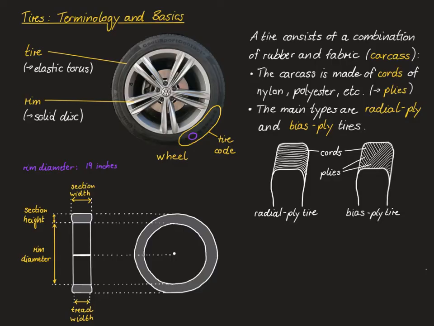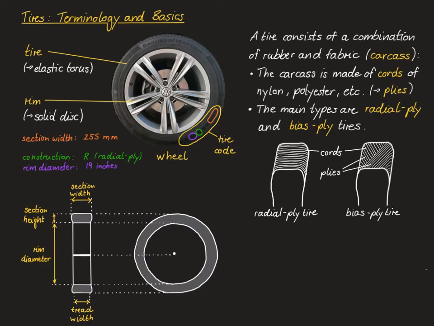Second, and let's move through the tire code backwards, the letter R stands for a radial ply construction. Third, the first number of the tire code refers to the section width, which is essentially the width of the tire. And in this case, it's 255 millimeters.